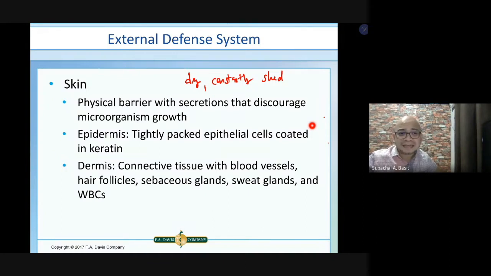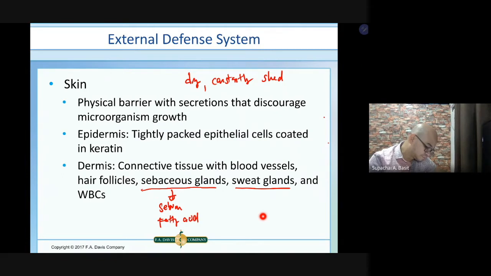And it's really not ideal for the organisms to grow because of the presence of various glands, such as the sebaceous glands and sweat glands. Sebaceous glands will secrete sebum or fatty acid.